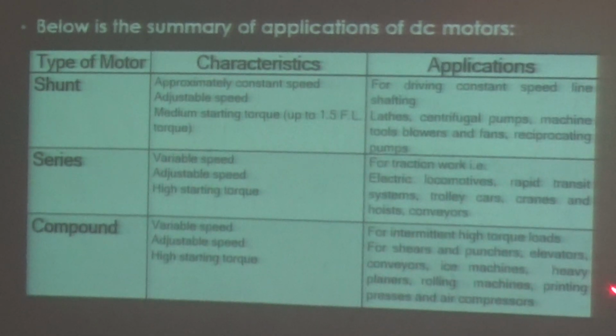Bakit? Example, elevators, no? Iba ang use niya. Meron siyang pataas, meron siyang pababa. So may motor control siya, kung long shunt siya, kung short shunt siya, kung bababa or pataas. Kaya variable and adjustable speed.